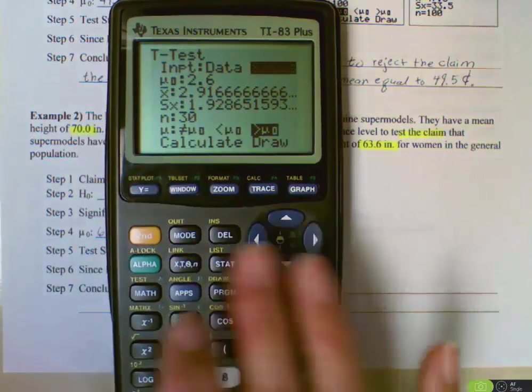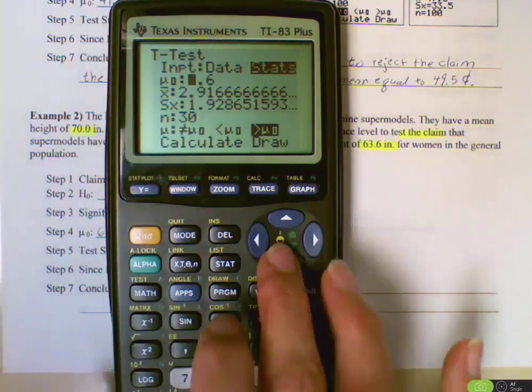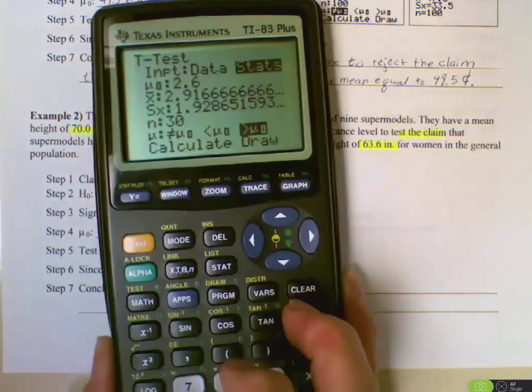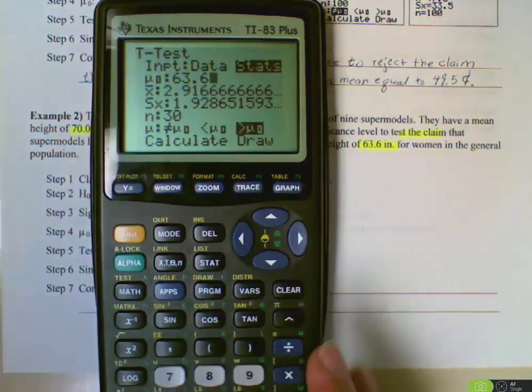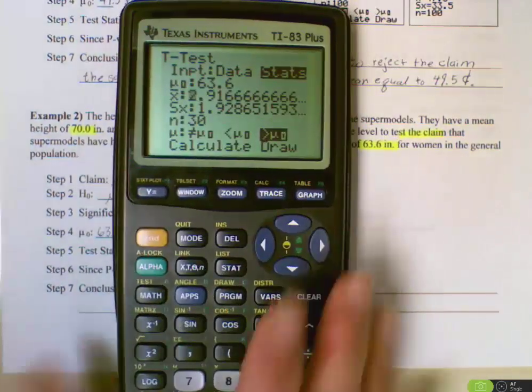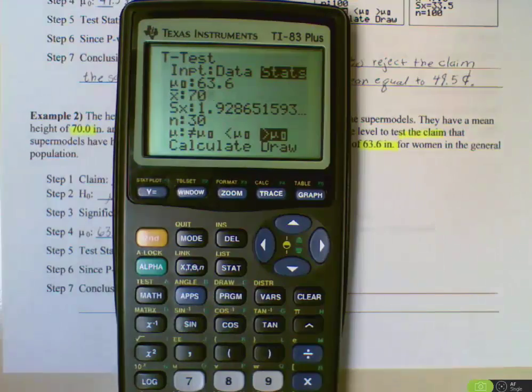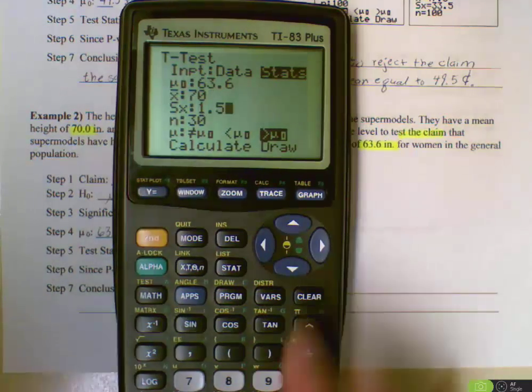Once again, I'm given statistics about the data. I'm not given the raw data itself. I'm going to enter that the mean in the null hypothesis is 63.6. The mean height of my supermodels was 70 inches with a standard deviation of 1.5 inches.